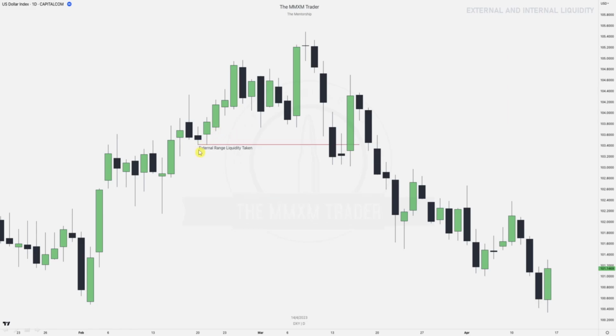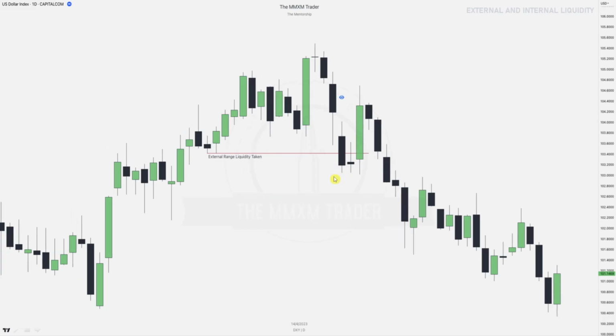So over here, external range liquidity again, right? What do we do after we take external range liquidity? Again, we want to go to internal range, right? So where is internal range liquidity? We've got this big fair value gap up here.